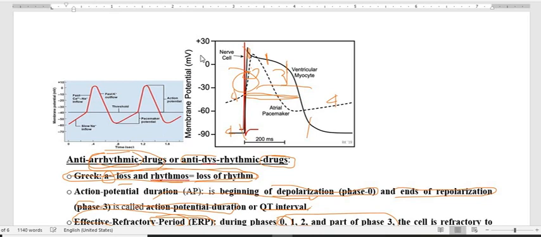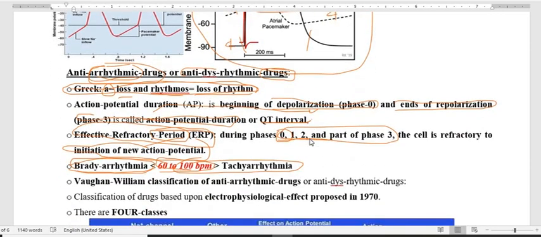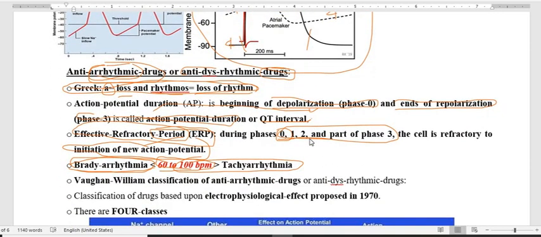So this is the summation of both the pacemaker and the cardiac myocyte action potential. We already discussed this in detail, and we also discussed the action potential and the ERP.